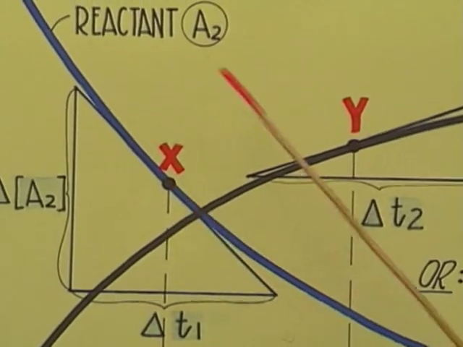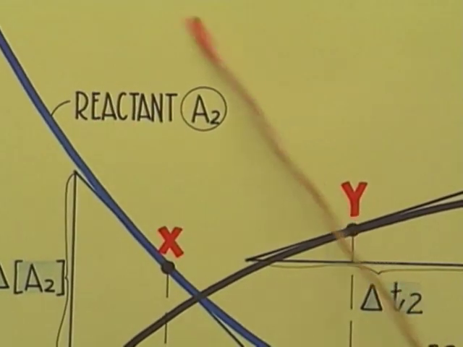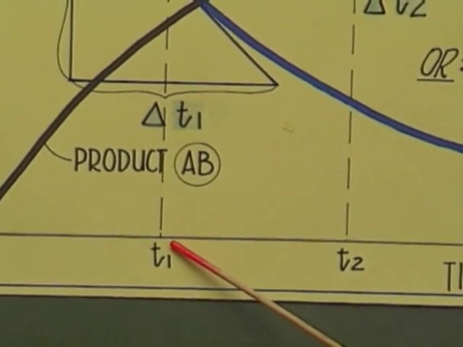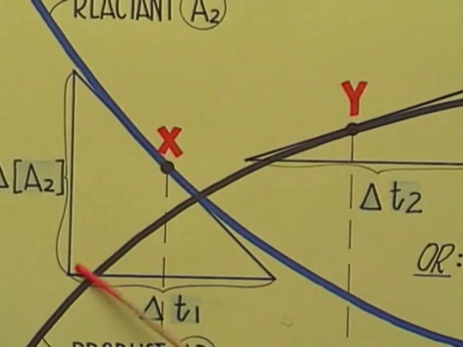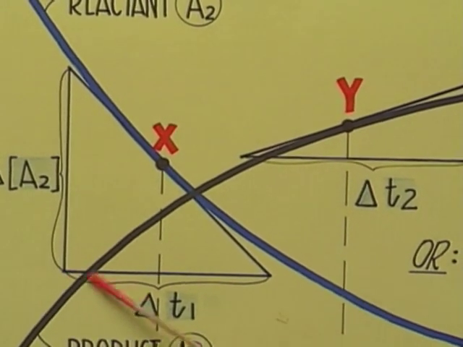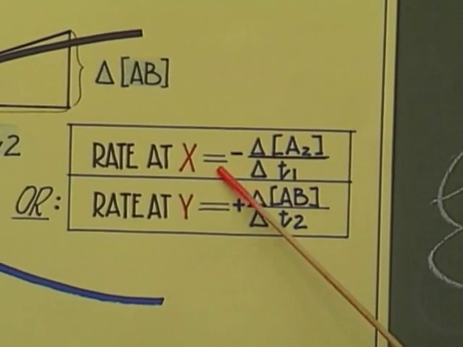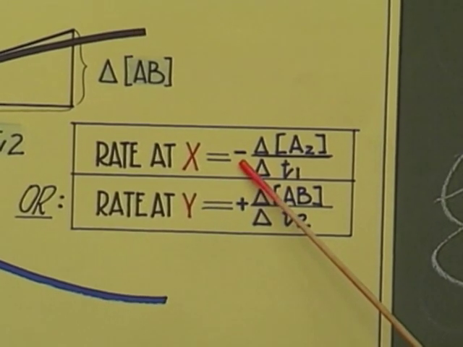So the rate of consumption of reactant A2 at time point T1 is given by delta A2 divided by delta T1. In order to always obtain a positive value for the rate of reaction, we use a negative sign for the rate of consumption of any reactant.